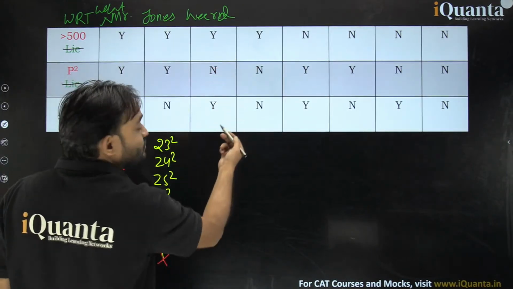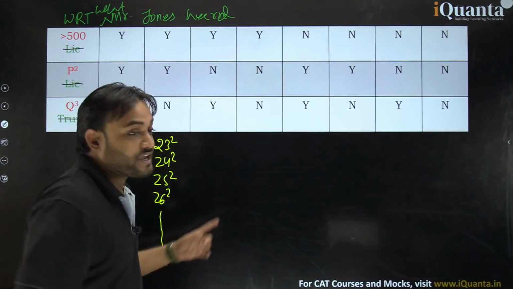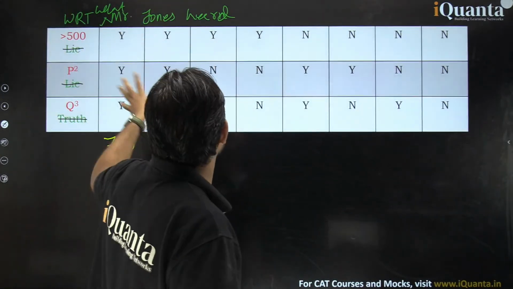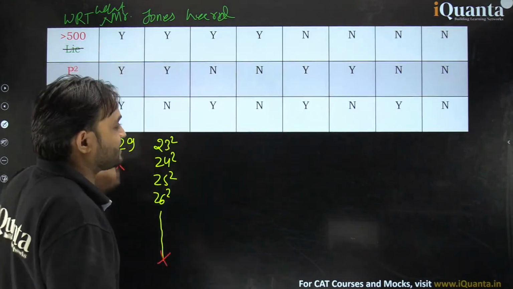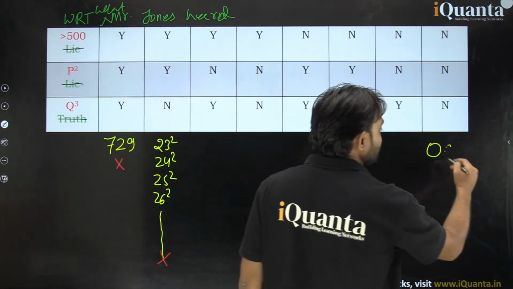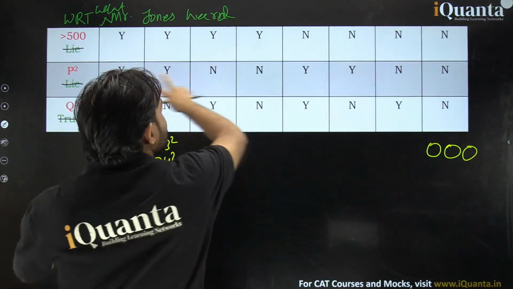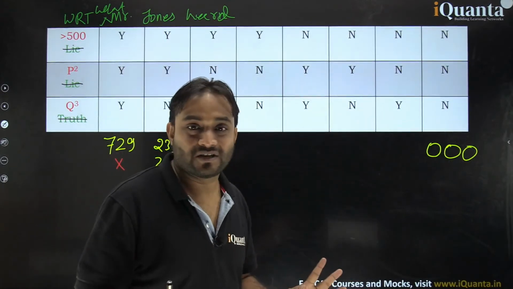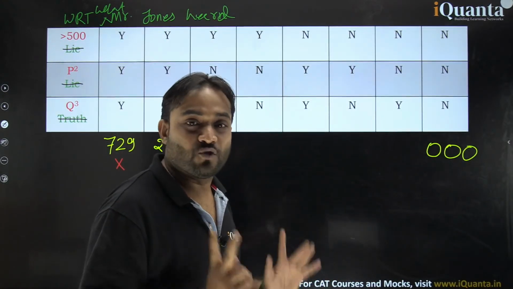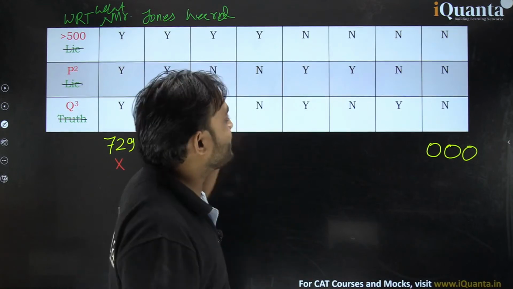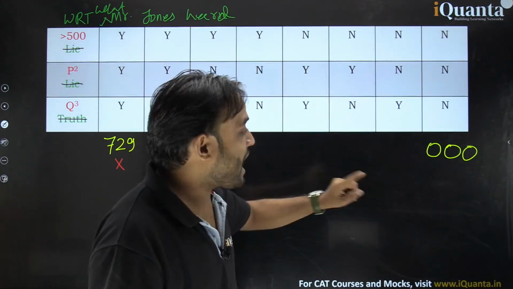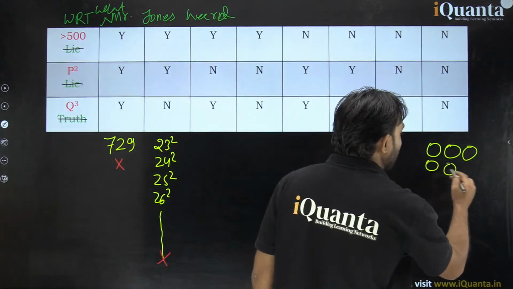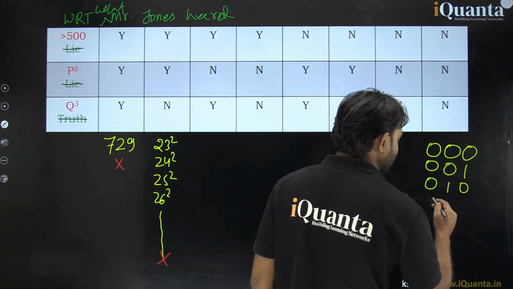Let's move to the third one. Yes, no, yes. Do you see how I have written it down? Do you see any pattern? It's binary. I haven't written down this yes or no randomly. I don't want to miss any case, and I don't want to try any case twice. So I have written it in this format. Do you recognize this format?